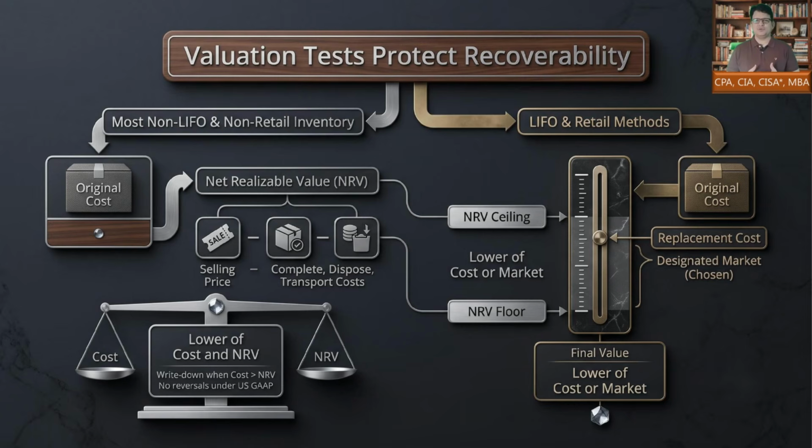For last in, first out, and retail inventory methods, use lower of cost or market or LCM. Under LCM, market starts with replacement cost, but it cannot exceed the NRV ceiling or fall below the NRV less normal profit floor. The key is to match the valuation model to the cost method in use.